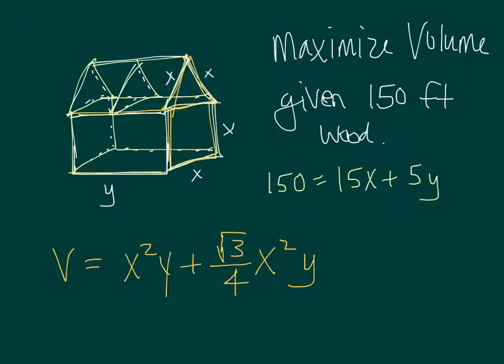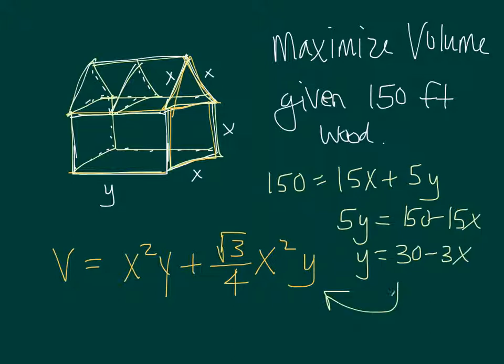So I'm going to solve this for y. 5y equals 150 minus 15x. y is equal to 30 minus 3x. And I'm going to plug that in for each y into my volume equation.